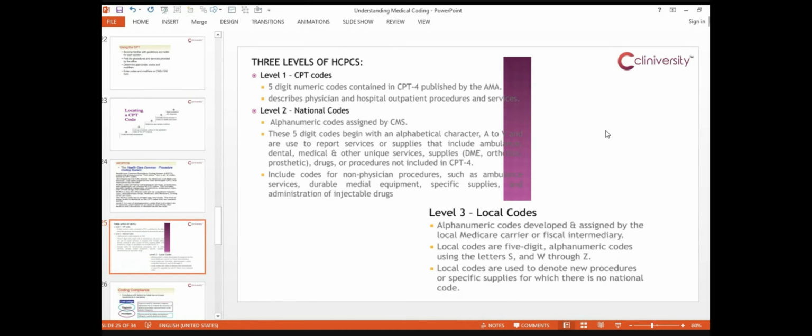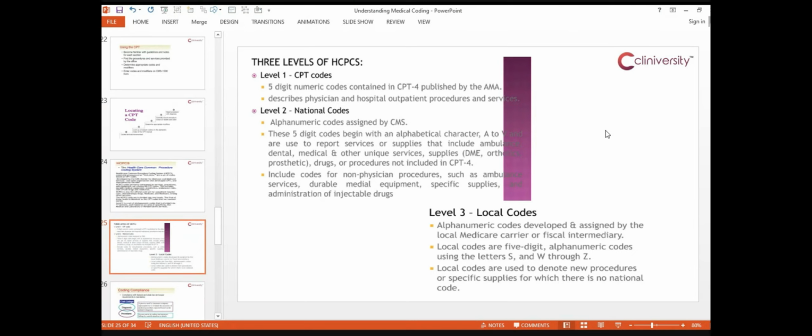So durable medical equipment, specific supplies, and administration of injectable drugs. You people know that during surgery many instruments are also used, so that should also be covered when any surgery is happening for the claim, right? So those things fall under these categories.